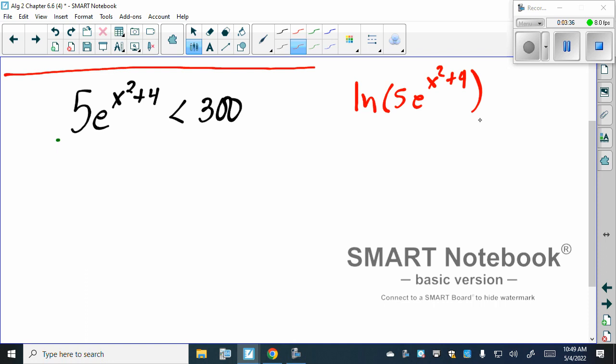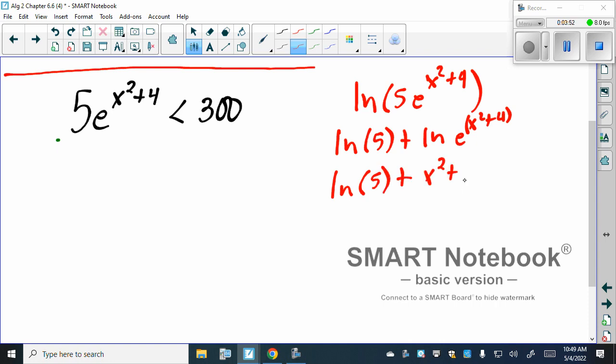So to get this to simplify out, I have to rewrite this as ln of 5 plus ln of e to the x squared plus 4. Well, ln of 5 doesn't simplify, but this other one simplifies to x squared plus 4. And here is less than ln of 300. Yes? So we still have ln of 300.